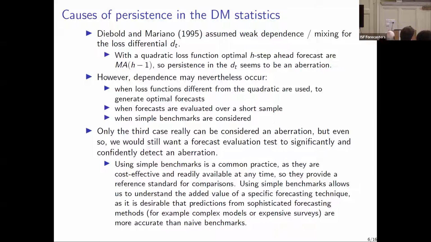If you're comparing this with another forecast, maybe not an efficient one, yeah, but come on, we'll be in the same ballpark range. So again, weakly dependent, everything goes through. But in fact, we actually use forecasts, we actually use benchmarks that may not be very close to this moving average h-1.